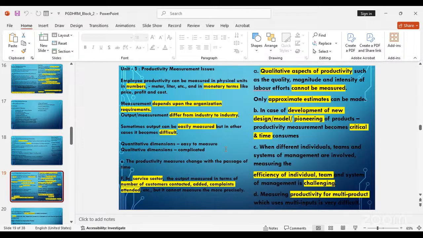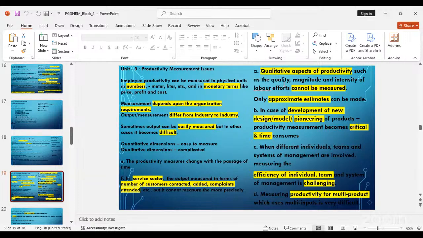So here two aspects are taken into consideration: quantitative dimensions and qualitative dimensions. Out of these two, which one is easy? Quantitative measurement is very easy to measure compared to qualitative. Of course, these measures will change from time to time.